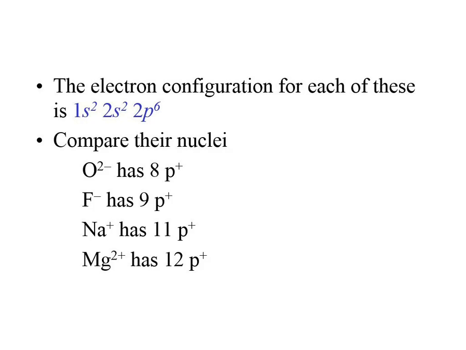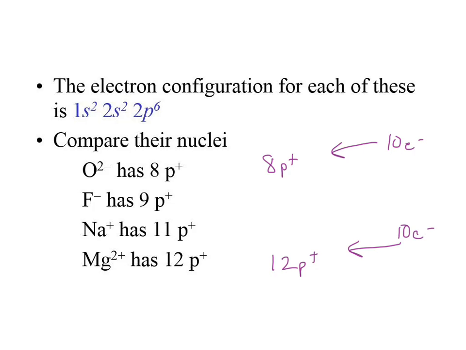In the case of oxygen, we have 8 protons in its nucleus and 10 electrons being drawn in, versus the nucleus of 12 protons. It does make a difference that those 10 electrons are configured exactly the same way.